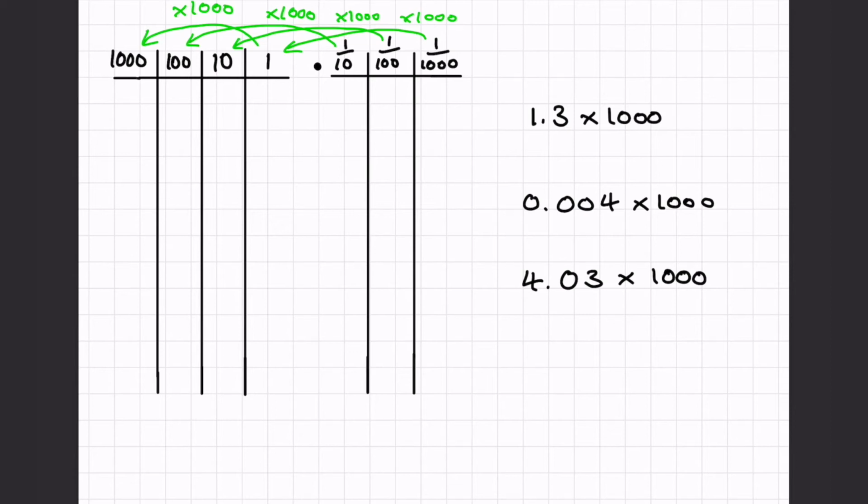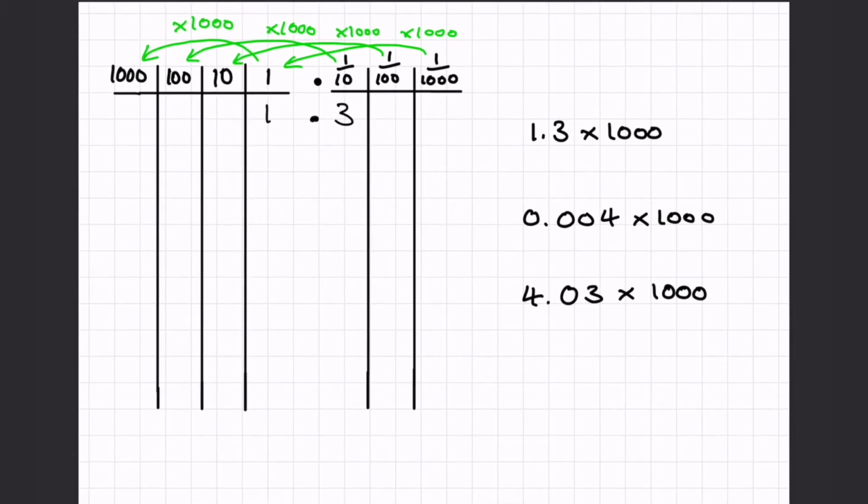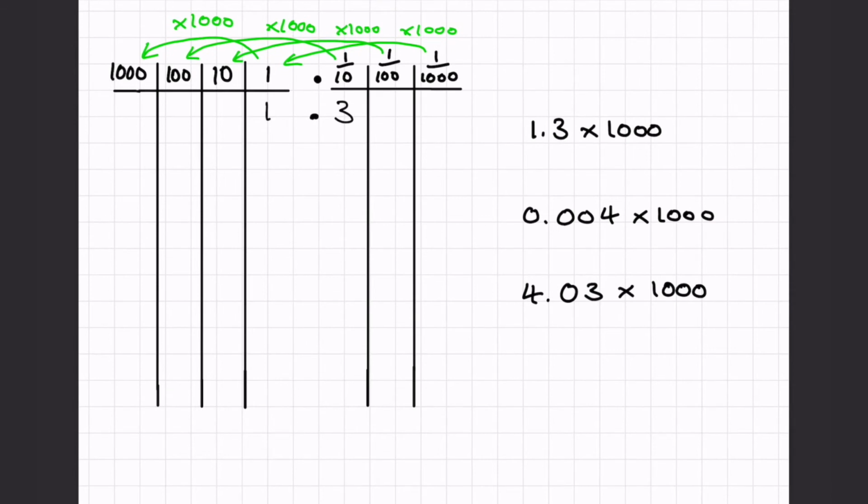So 1.3 multiplied by 1,000. Well, let's just move the first digit, which is the 1. The 1's going to move from the units column into the thousand column.